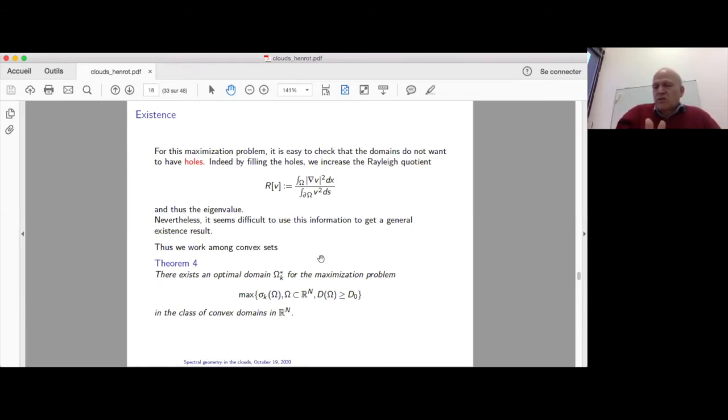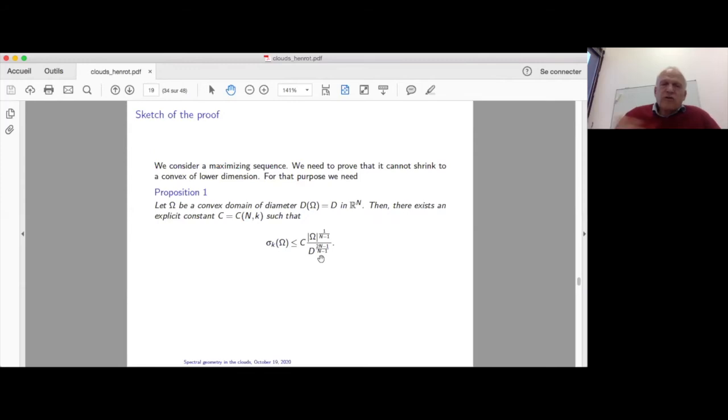And my first result is an existence result in the class of convex domains. I claim that this maximization problem with a diameter constraint has a maximizer. Let me call it, once more, Omega_k star. I have a maximizer in this class of convex domains. For the proof, I just follow the classical method in calculus of variations.